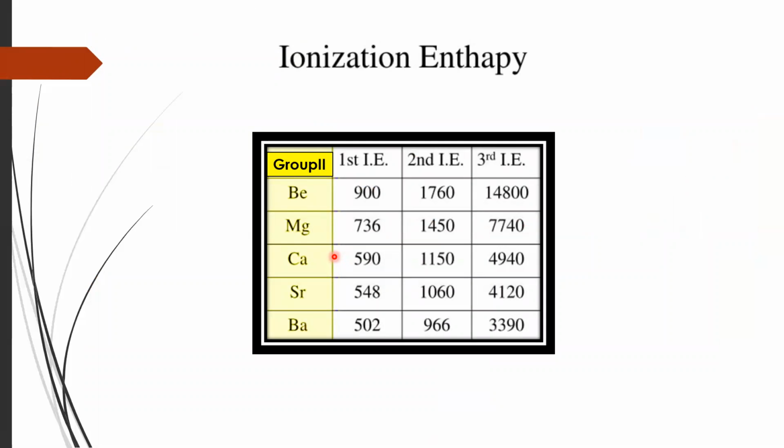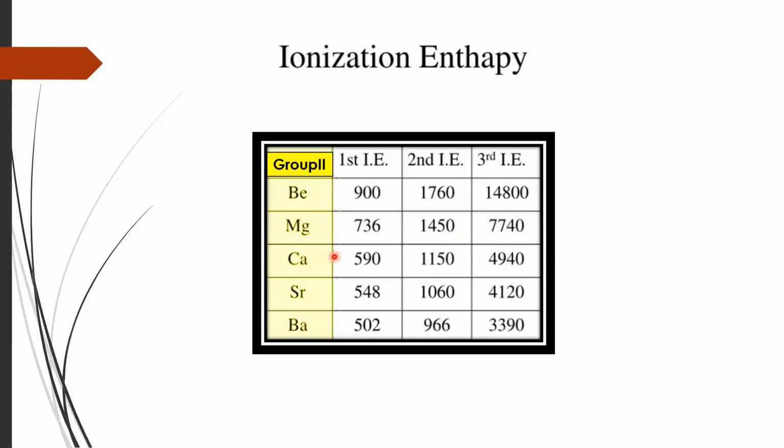So this is the group 2 ionization enthalpy, that is the first ionization enthalpy, second and the third one. Now as you can see, as we are moving down the group, the first ionization energy decreases down the group.